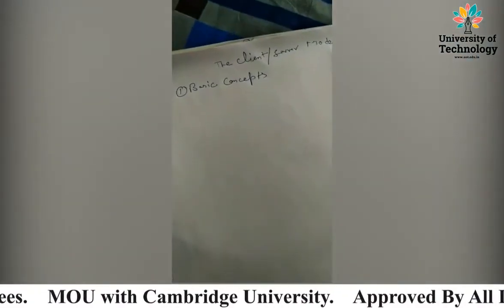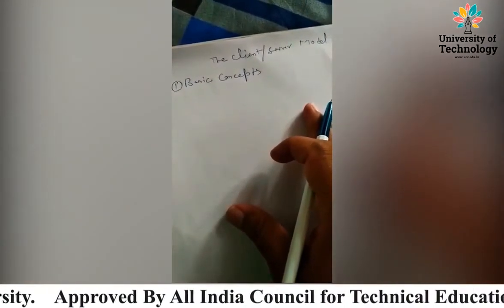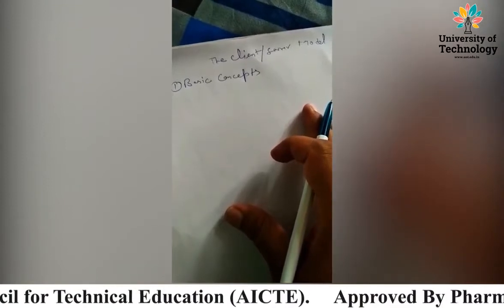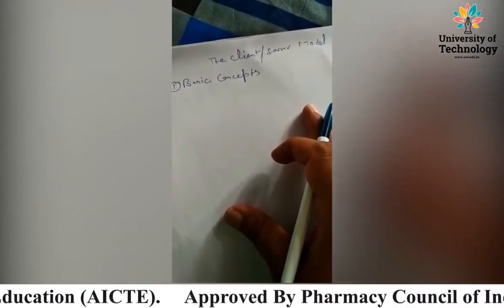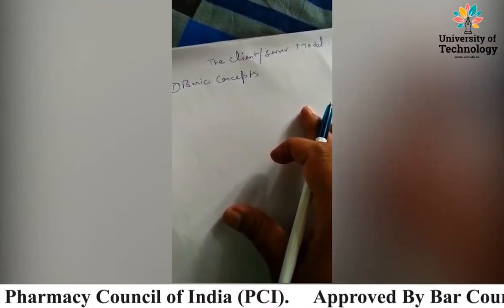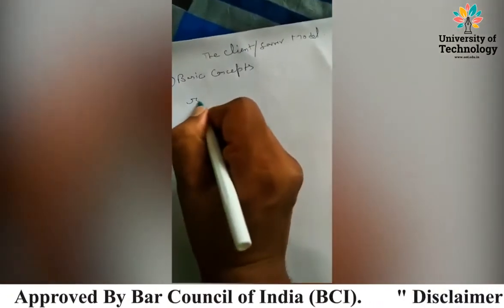The client-server model is a programming paradigm that represents the interaction between processes and structures of the system. Processes that request services are clients, and those that provide services are servers.